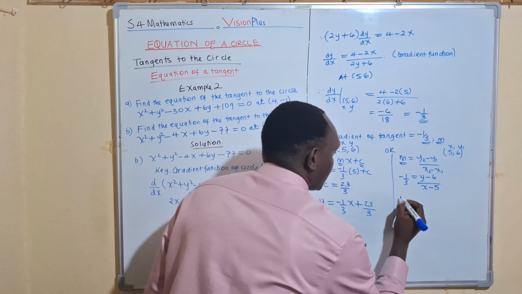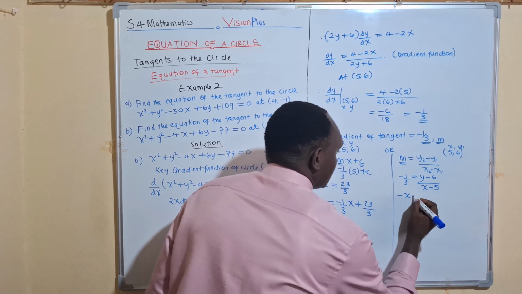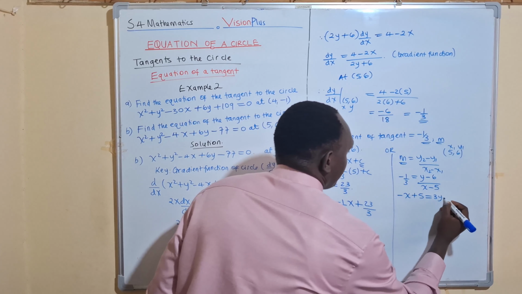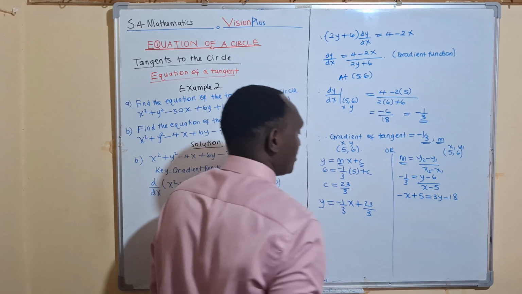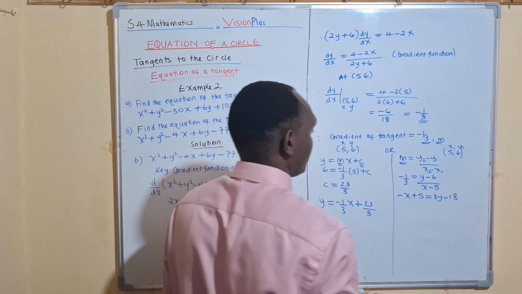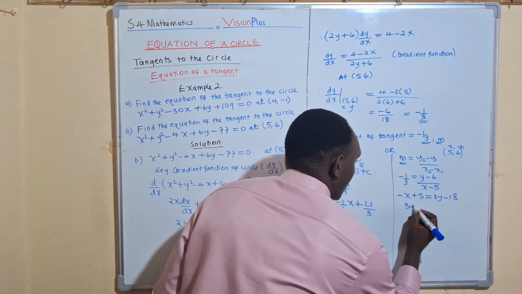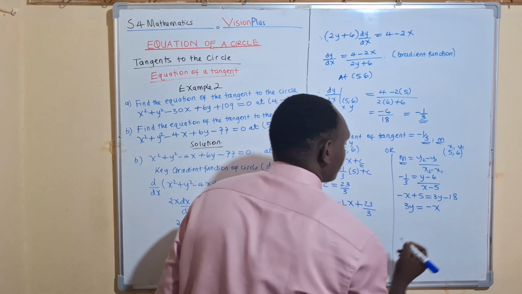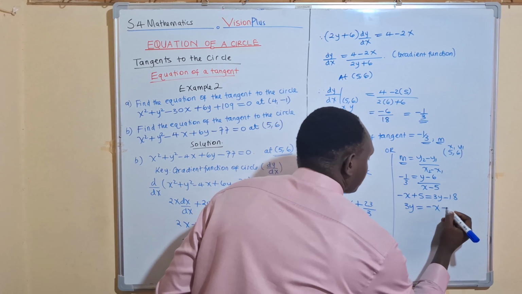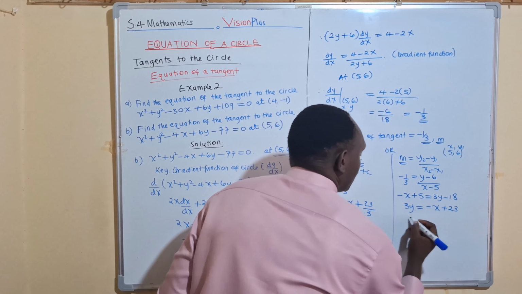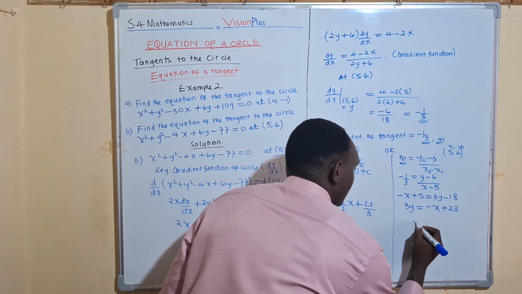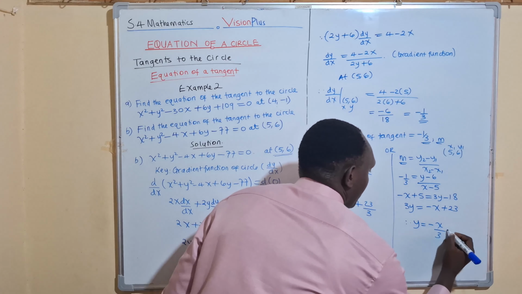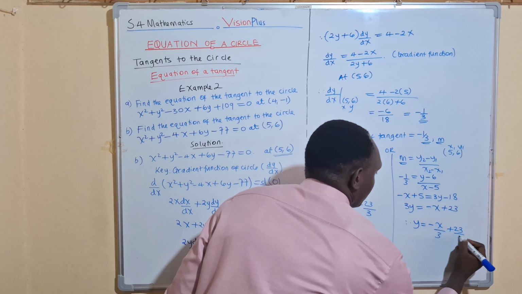So we cross multiply, giving us -x plus 5 equals 3y minus 18. Let's make y the subject of the formula. So here we shall have 3y equals -x plus 23. Then we divide both sides by 3. Therefore, y becomes -x out of 3 plus 23 out of 3.